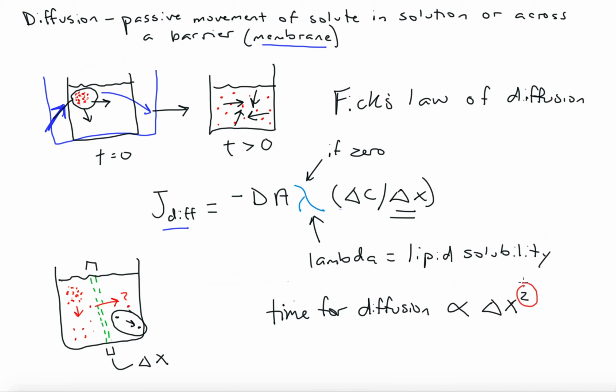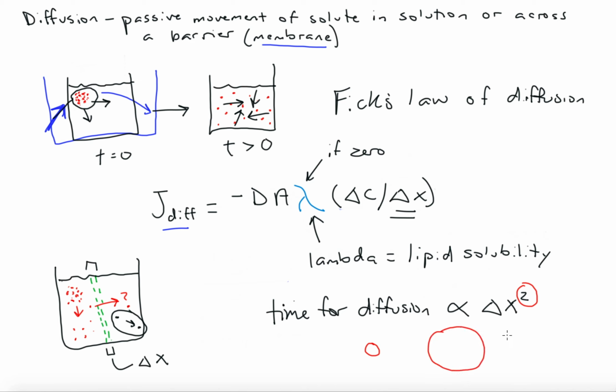So let's say it takes a couple of milliseconds for a solute to diffuse across a cell that's 10 microns across, a millionth of a meter, right? So diffusion across this little cell, let's say that takes a couple of milliseconds. Well, let's now have a cell that's 10 times bigger, right?